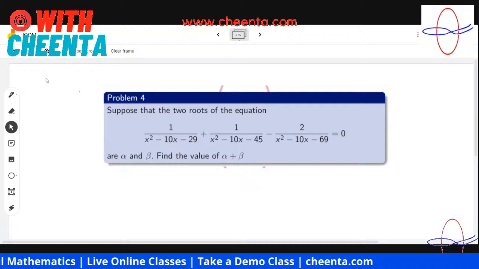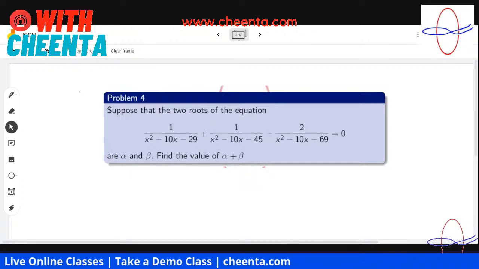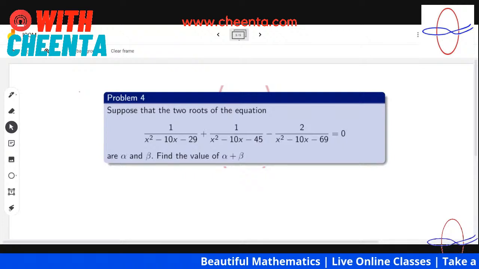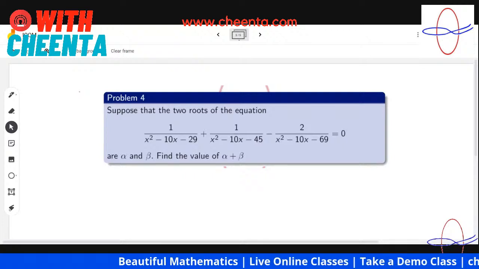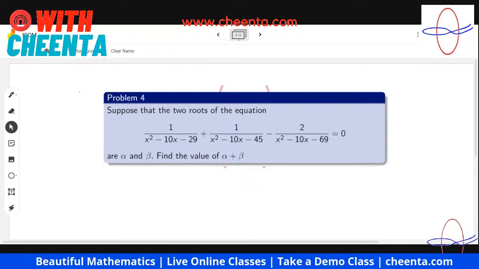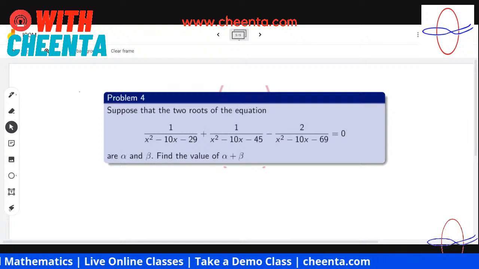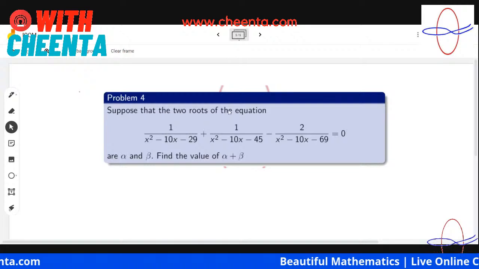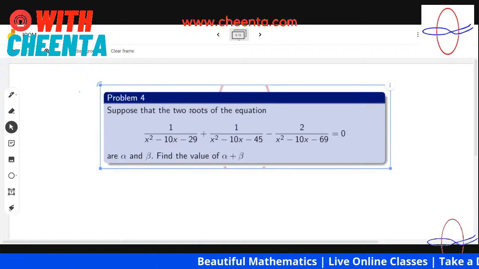Okay, let's do this problem, guys. So suppose the two roots of the equation are these.